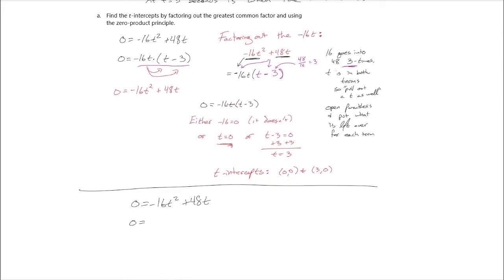I recognize that negative 16t can be pulled out, and I'm left with a t in the first term, and then 48 divided by negative 16 is minus 3, and the t got pulled out, so we're done there. And then this means that either t equals 0 or t minus 3 equals 0, so t equals 3. So in practice, it is this quick.